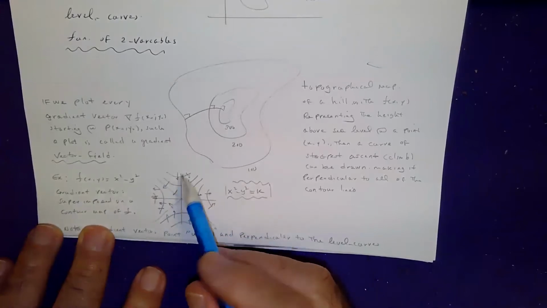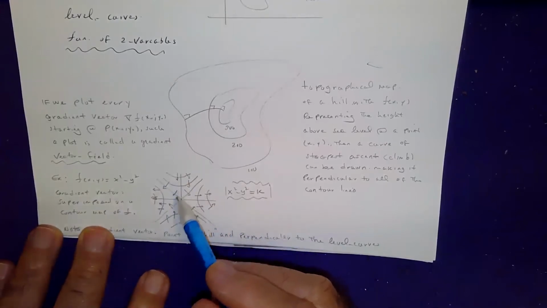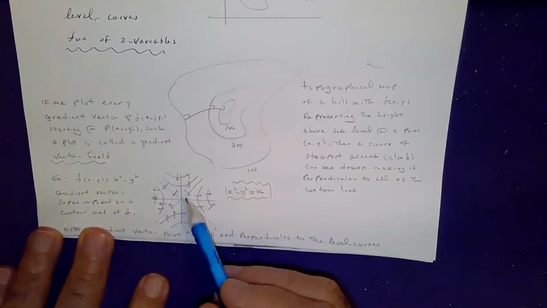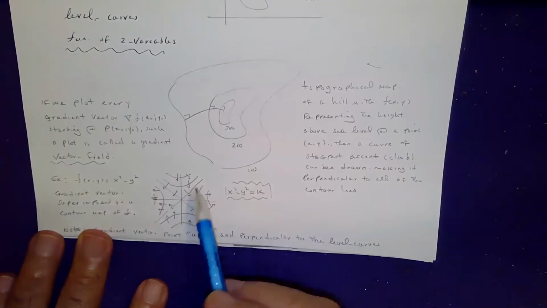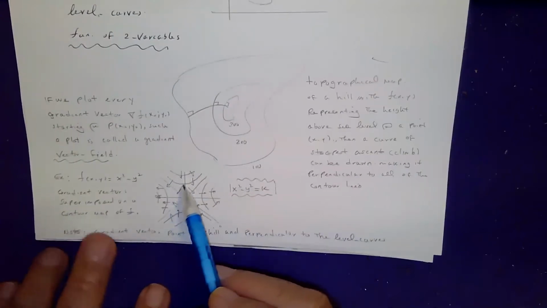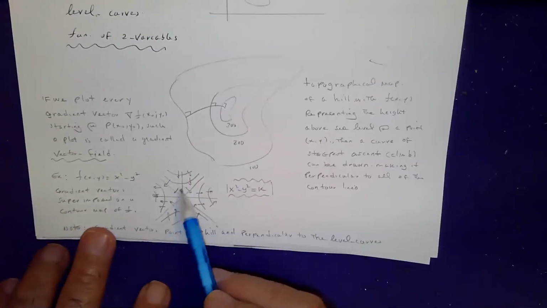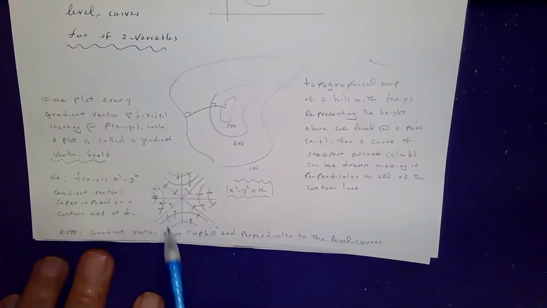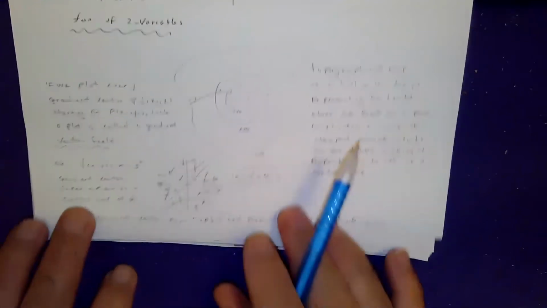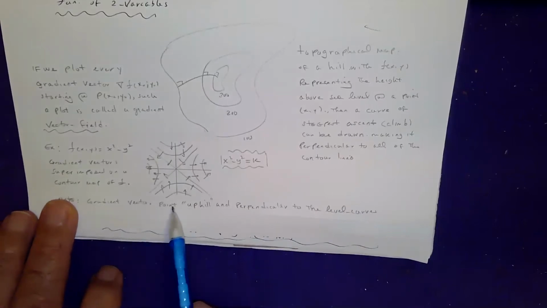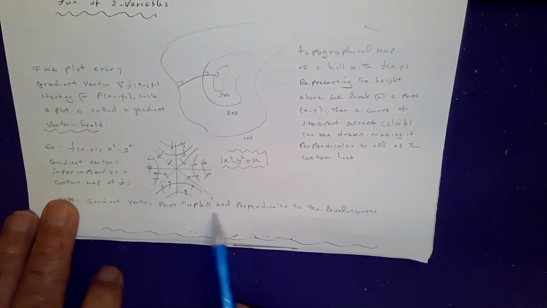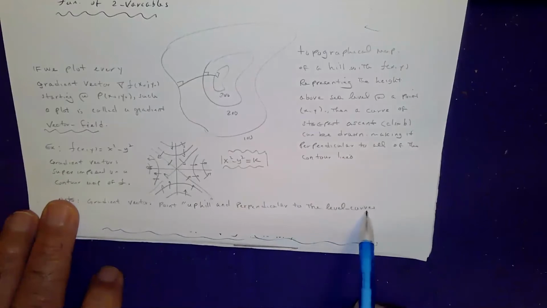If you compute the gradient vector at any given point on these level curves, notice they are perpendicular to the level curves at any given point. Also, this clearly shows that gradient vectors point uphill and perpendicular to the level curves.